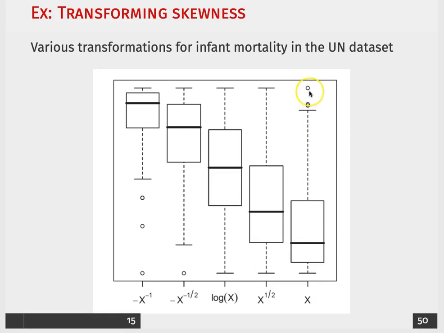So there's probably a couple of countries that have really high rates of infant mortality. What we're doing here is seeing how different transformations of our data on infant mortality reduce the skewness of the distribution. If we take the log of our covariate, we can see that that really straightens out the distribution and recenters our data.